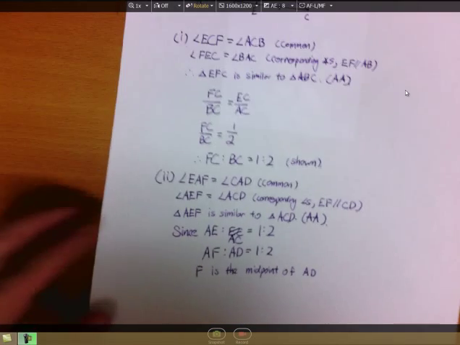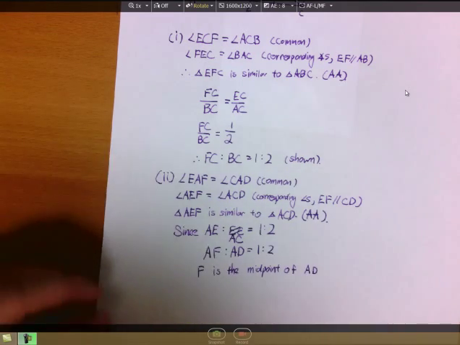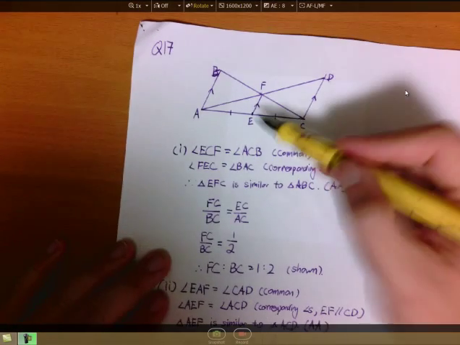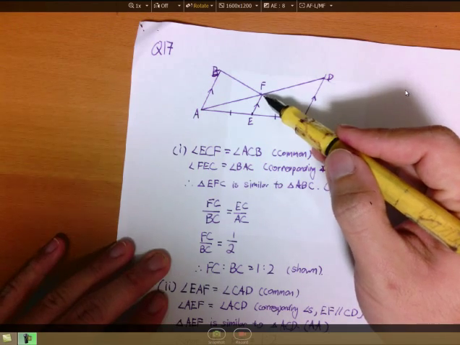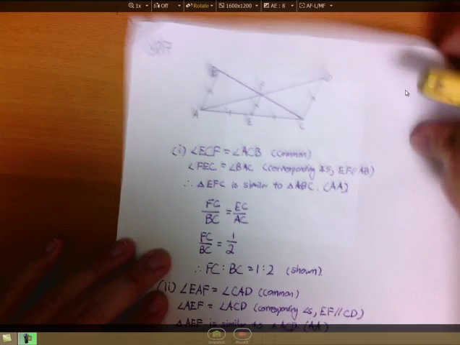Then next thing here, I can say this. Notice that now E and F are the midpoints of AC and AD. E is the midpoint of AC, F is the midpoint of AD as well.